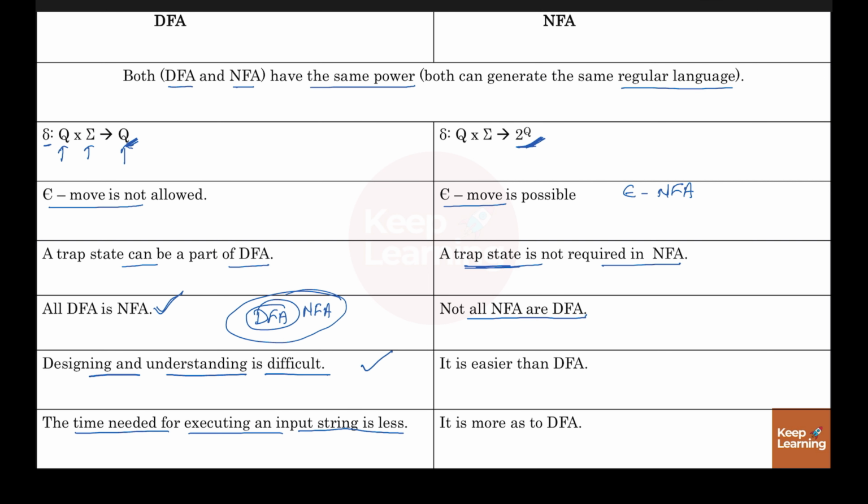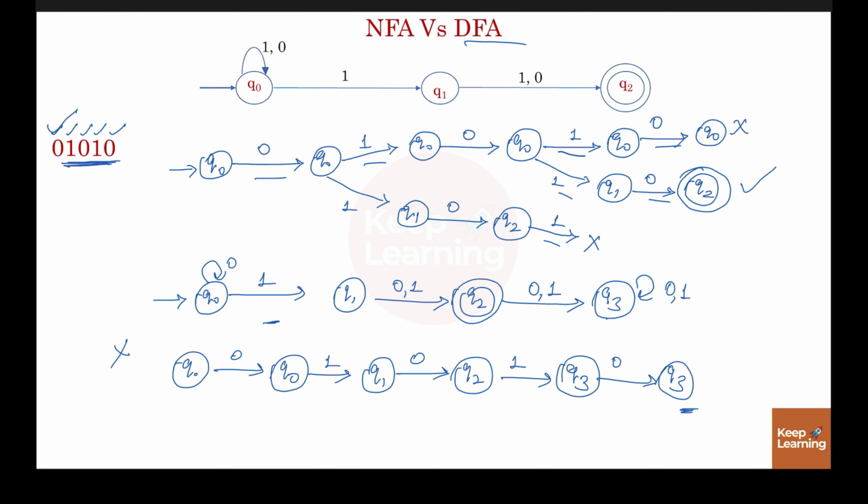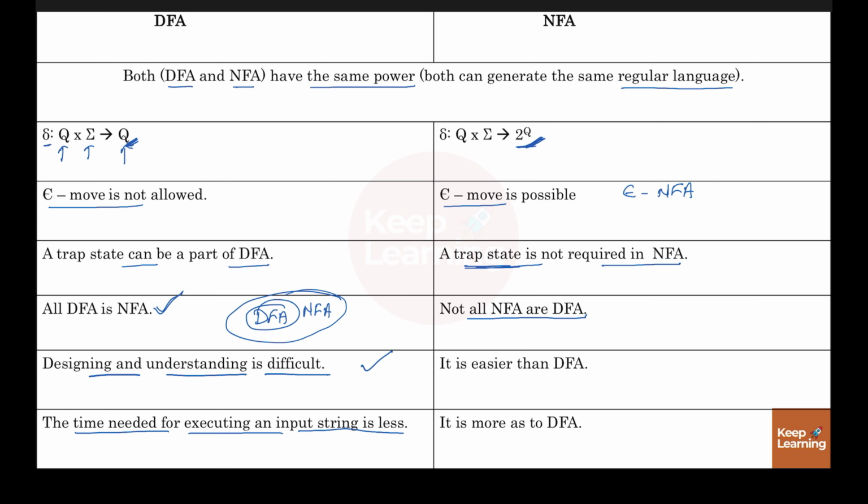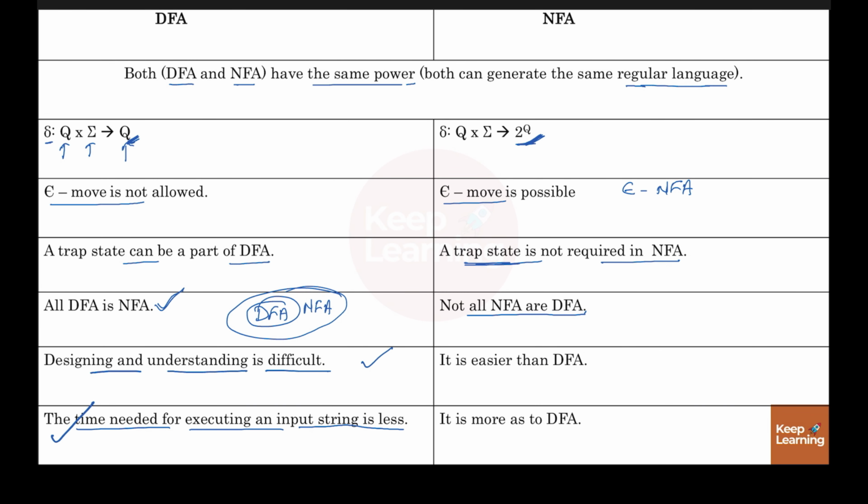We have seen it in the last example, that identifying whether a given string is accepted by a DFA or not is less time consuming than an NFA. So this is how DFA and NFA differ from each other, but do remember one thing, they both have the same power. It means they both can generate the same regular language.